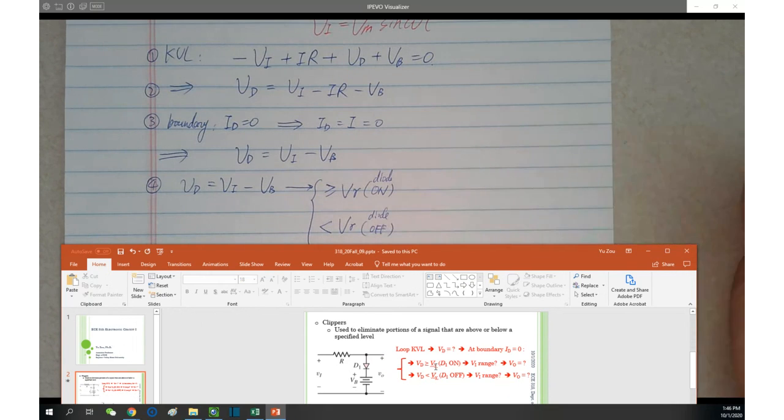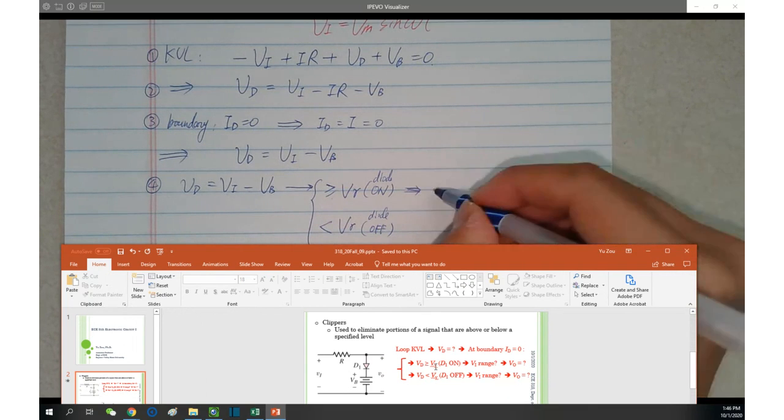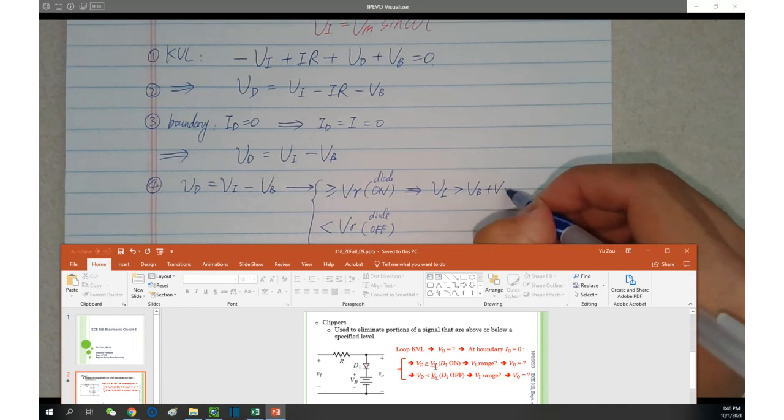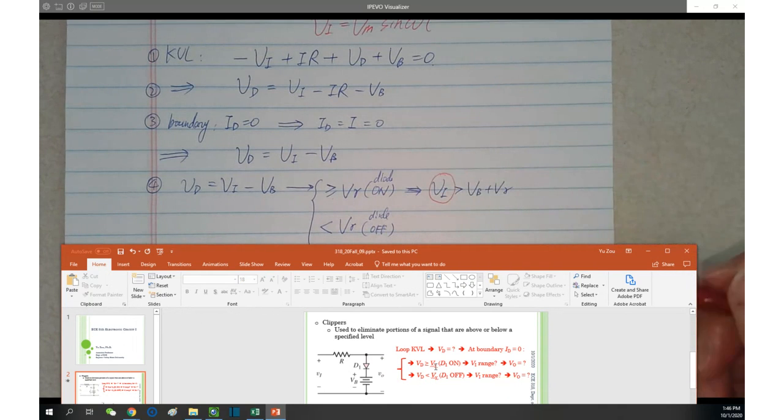Very clear, only two scenarios. So VI minus VB greater or equal to V gamma means VI is greater than VB plus V gamma. Here, be very careful. We are deriving VI, the relationship of VI to VB and V gamma.